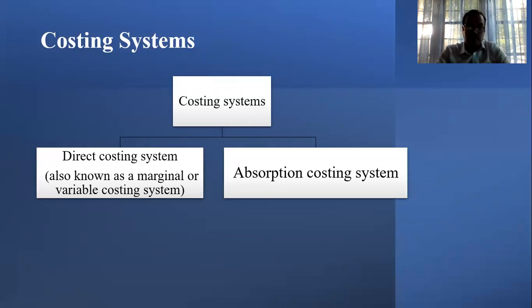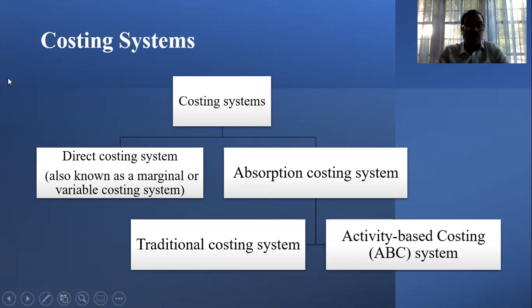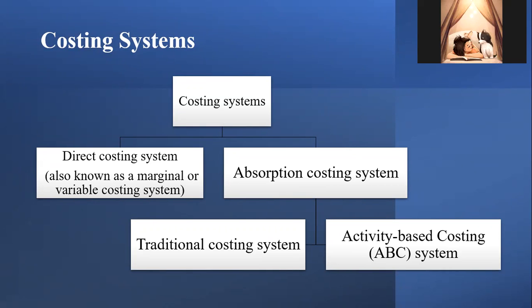So now we have two methods, as I just told you, traditional and activity based. In a way, though we call activity based costing the new one, that is also a bit old, and to some extent there is a debate.